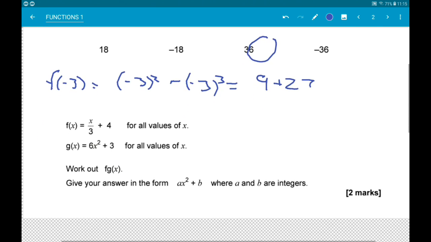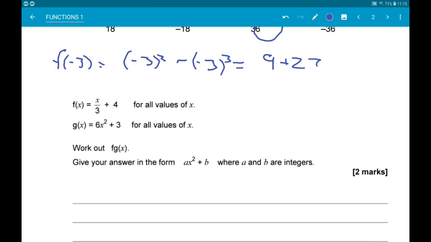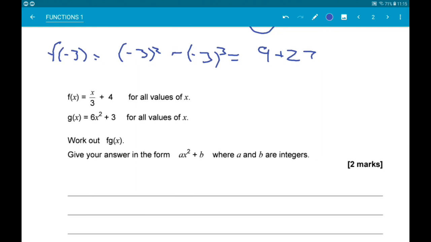Next up, f of x is x over 3 add 4, and g of x is 6x squared add 3. Find f g of x. Give your answer in the form ax squared add b, where a and b are both integers.